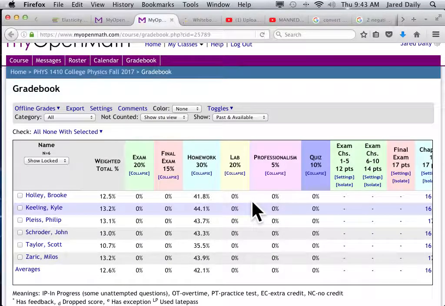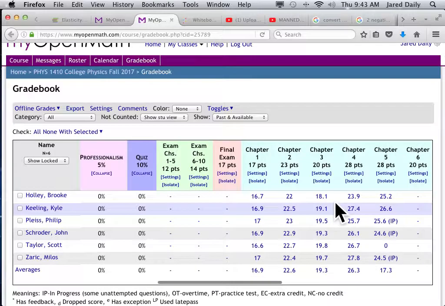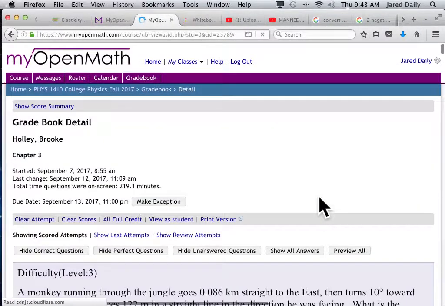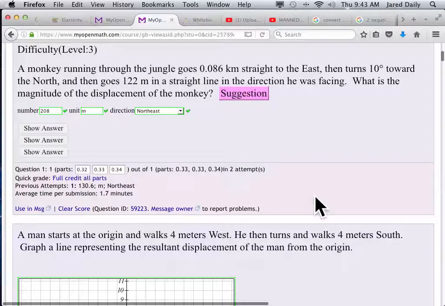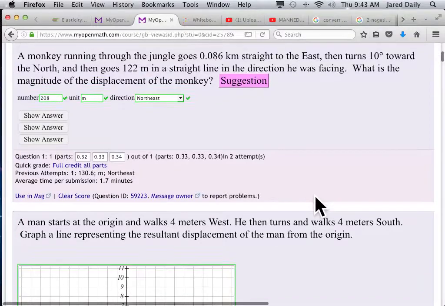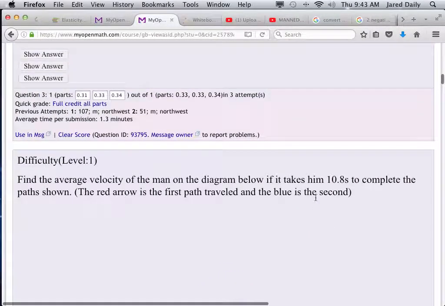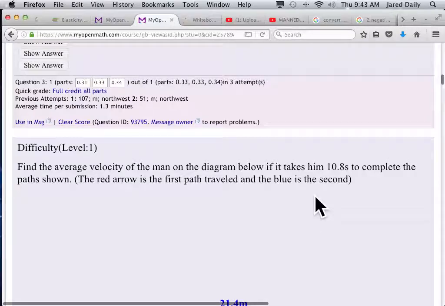Quiz. Homework. So let's see here. 2 attempts, no points taken off. 1 attempt. 3 attempts, no points.